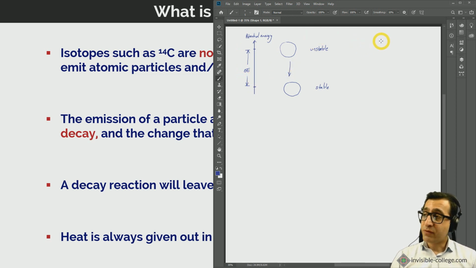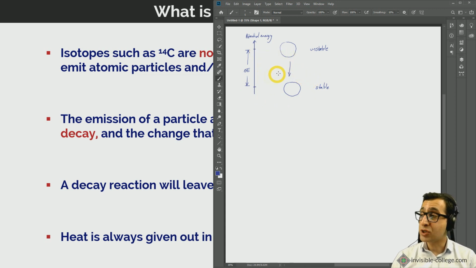So as I said to you guys before when we spoke about energy in the second webinar of this GCSE Physics series, we said that the energy of a system can be described in terms of the sum of the potential and the kinetic energy of that system. So if we imagine that this nucleus starts in a state of high potential energy and ends in a state of low potential energy, the total energy of the system must be the same.